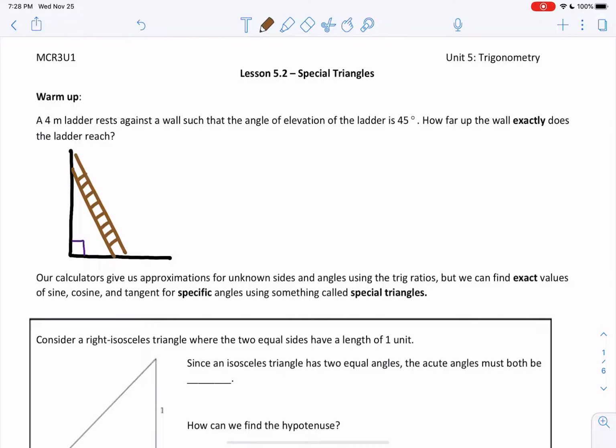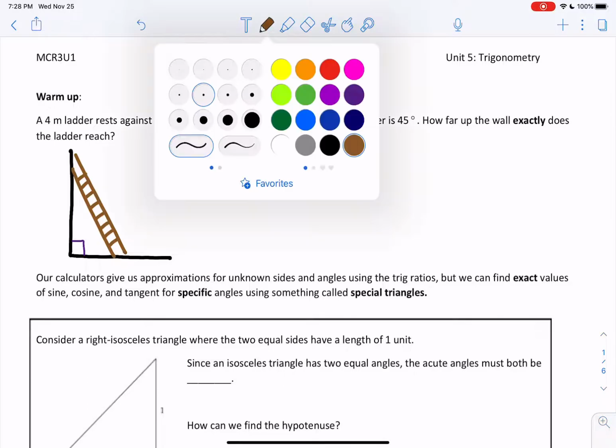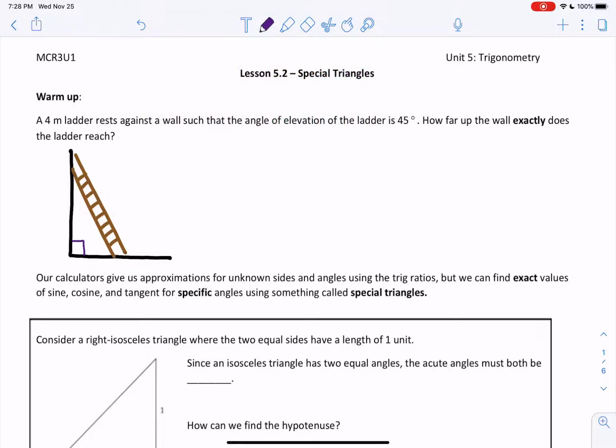And now I can put in my values. We know that the ladder is 4 meters long, so I can label that. Next, we're told that the angle of elevation of the ladder is 45 degrees, so I can put that in here. And we're trying to determine how far up the wall the ladder reaches.